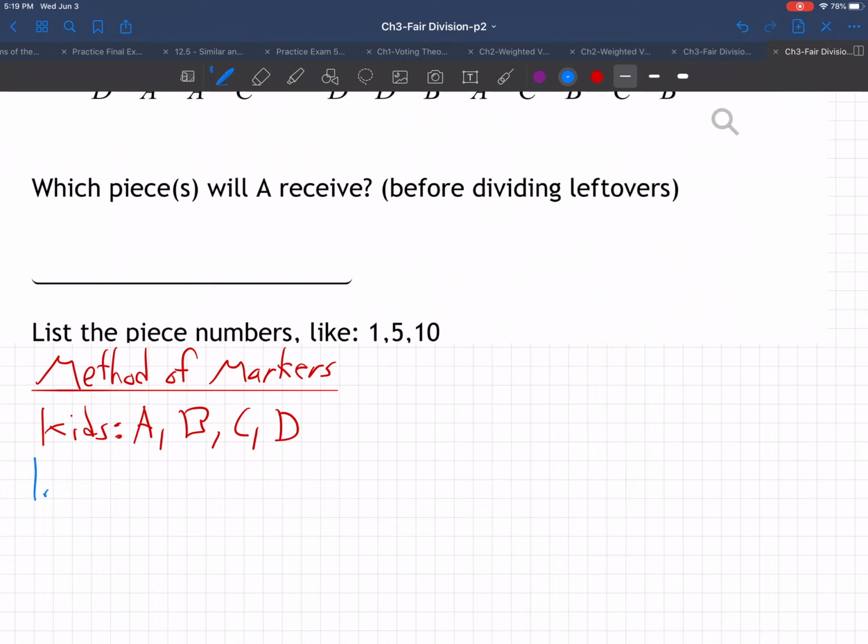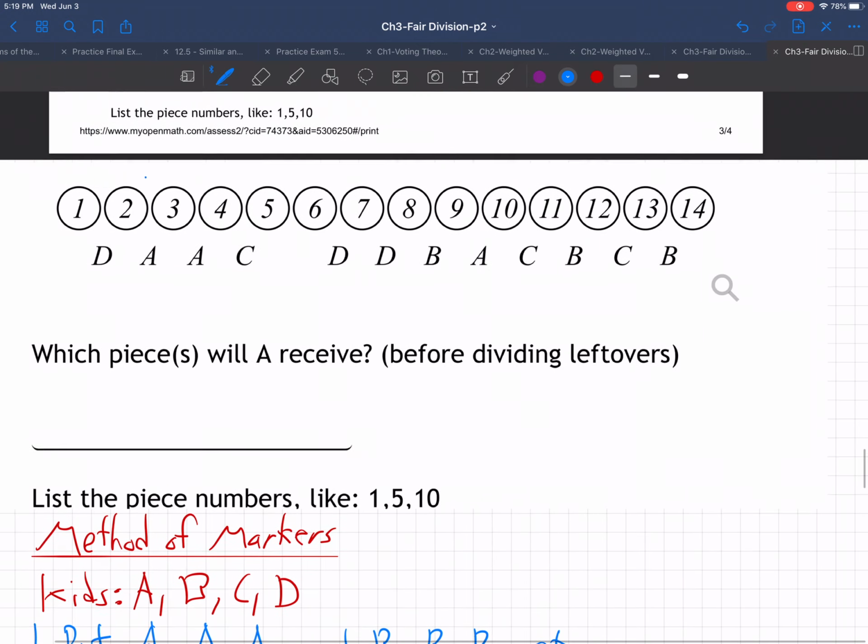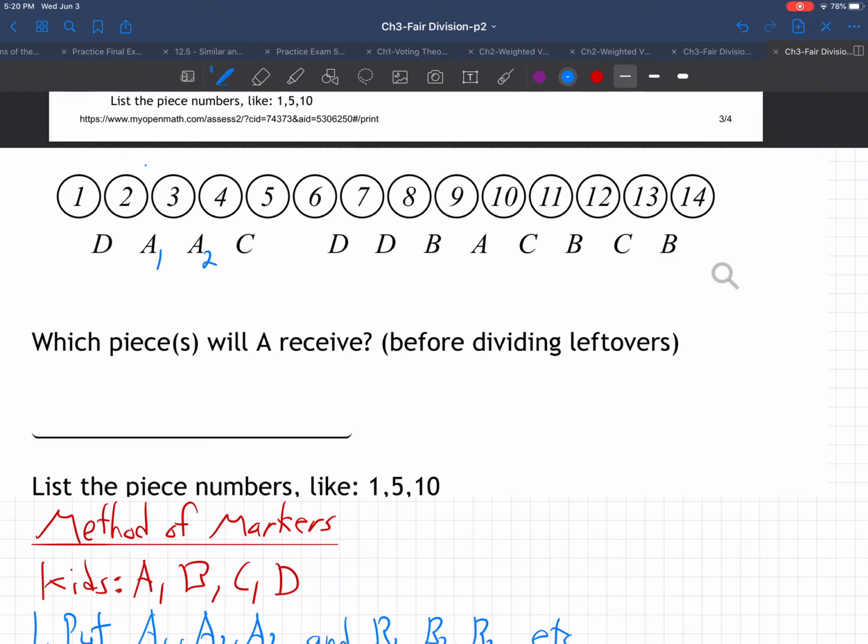So step number 1, put A1, A2, A3, and B1, B2, B3, etc. Put little numbers by them. So the first A is A1, A2, A3. I'll do them all different colors. Here's D1, D2, D3. Just the first D is 1, the second is 2, the third is 3.